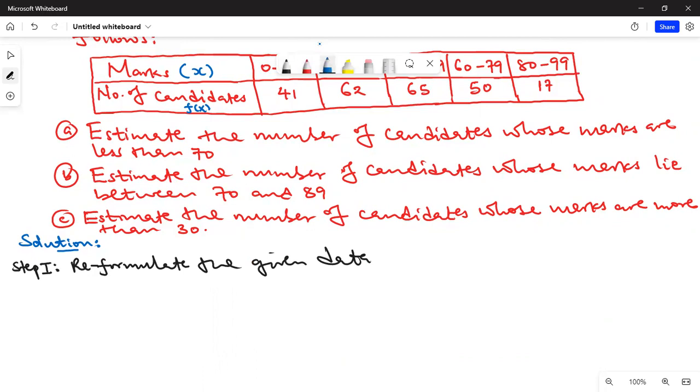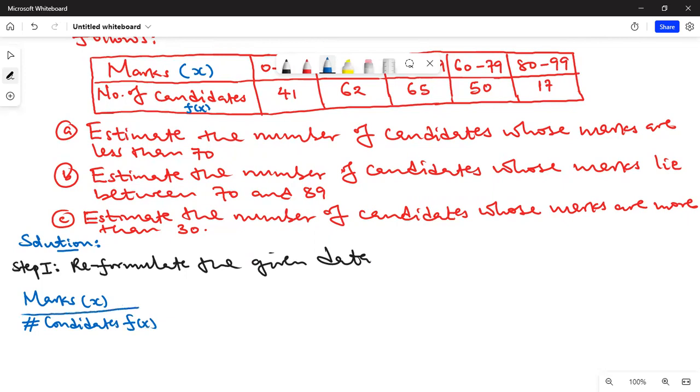I will have marks, still that is x, and number of candidates, that is still f of x.